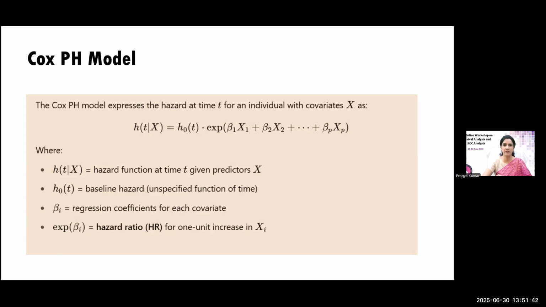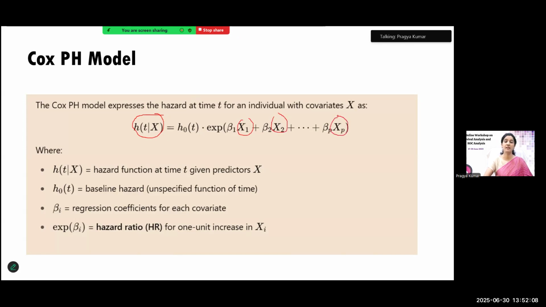I'll explain it a little bit, because it may sound too mathematical, but this equation is important, and we'll explain towards the end also why it is important. If you see this equation, this is the hazard function at time t. And this x is your predictor, like x1, x2, x3, all predictors, the factors which we have seen.